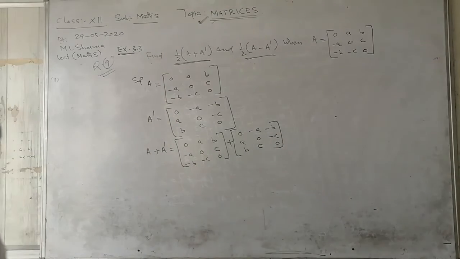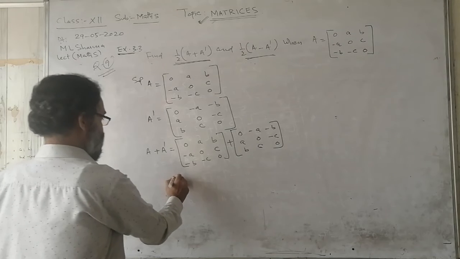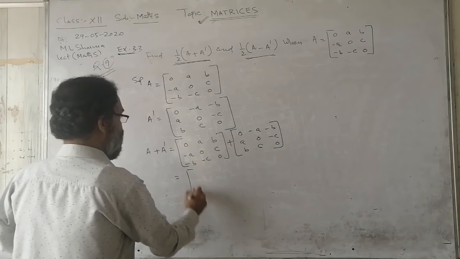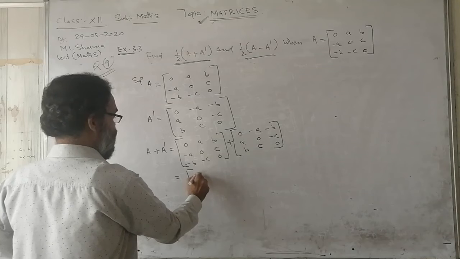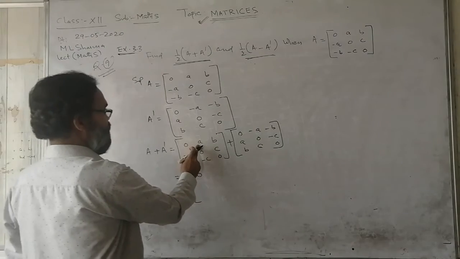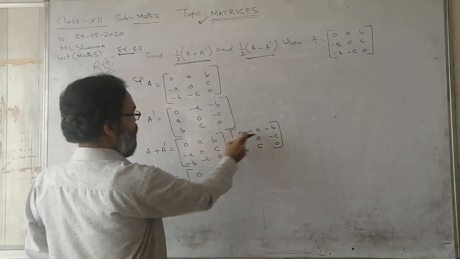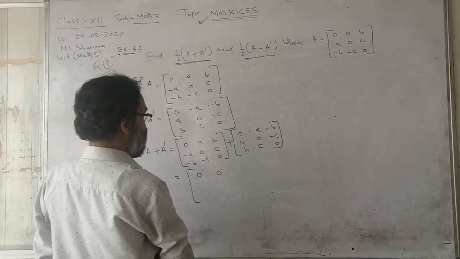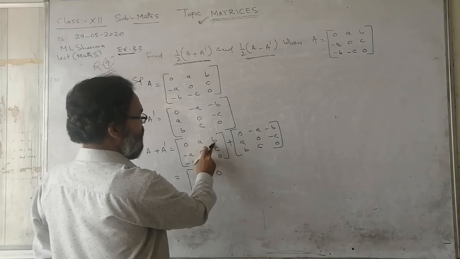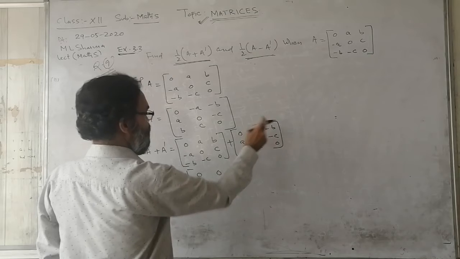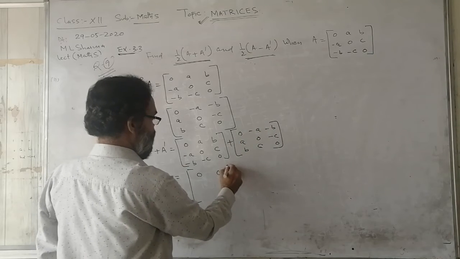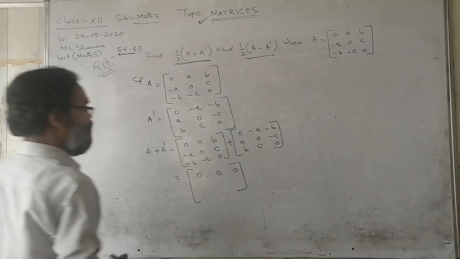Now the addition of two matrices. So this will equal 0 plus 0, I will have 0. This a and minus a, 0 here. This b is positive, this b is negative, so here I will have 0.